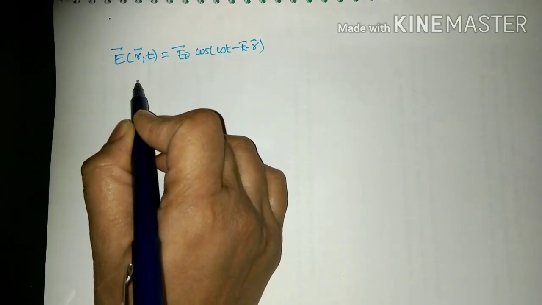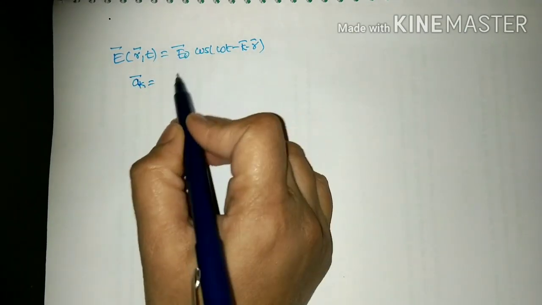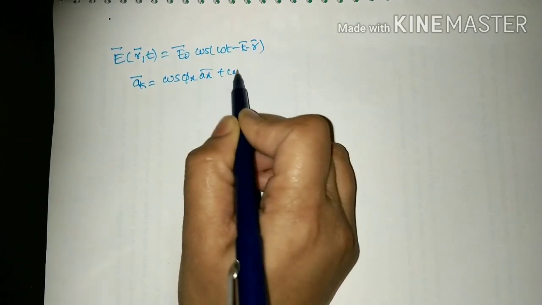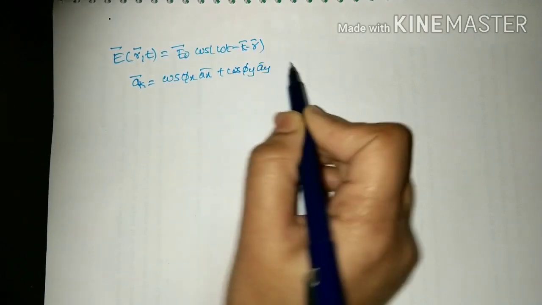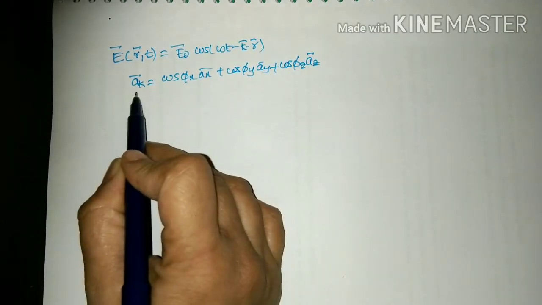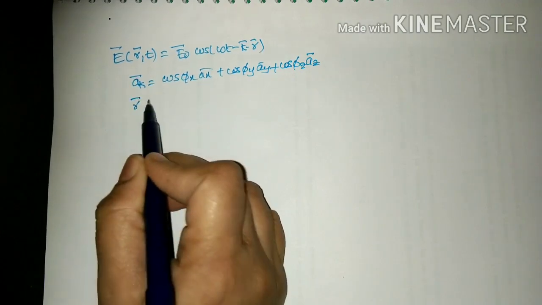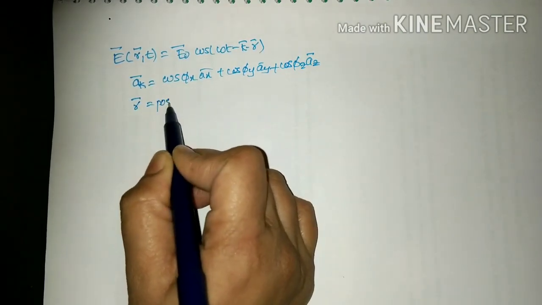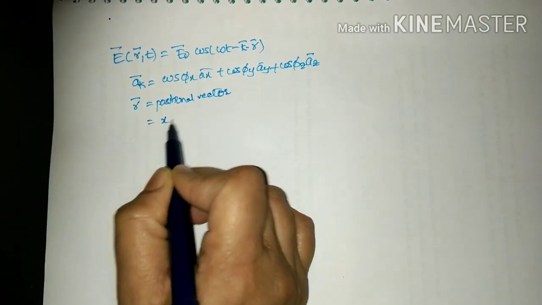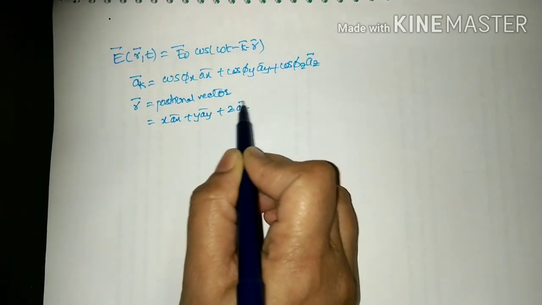We have considered the unit vector along the direction of the wave propagation as ak bar, which is given by cos of phi x ax bar plus cos of phi y ay bar plus cos of phi z az bar. So this is the unit vector along the direction of the wave propagation, and r bar is the positional vector given by x into ax bar plus y into ay bar plus z into az bar.